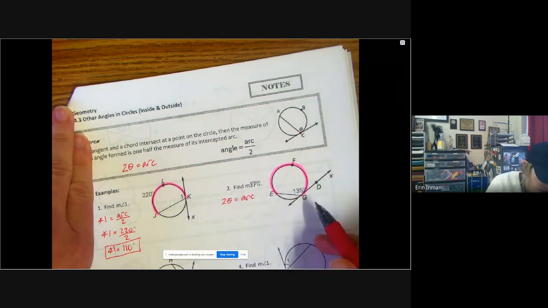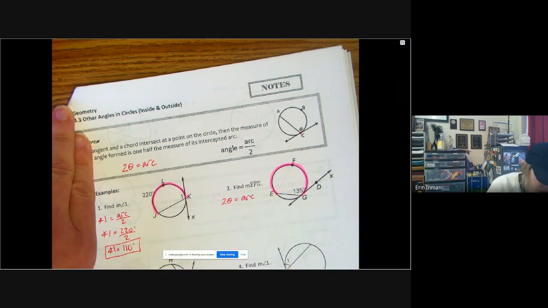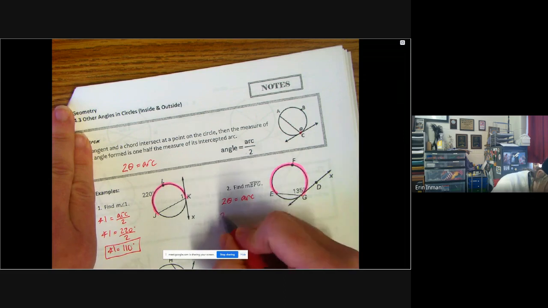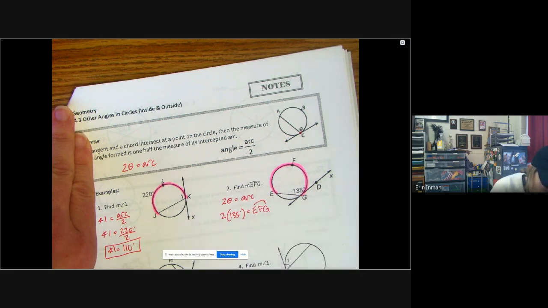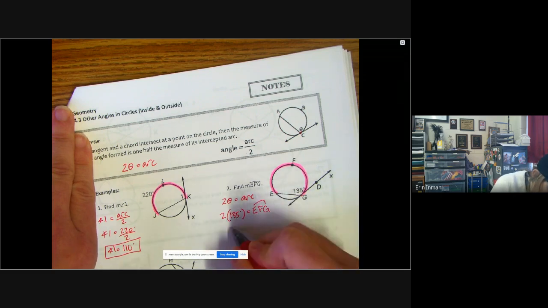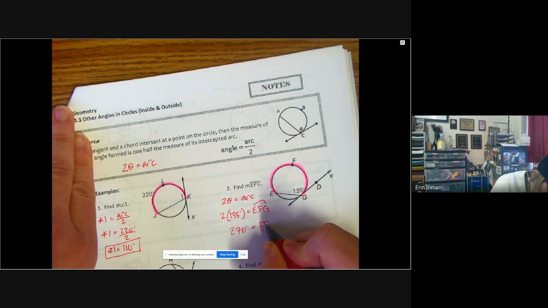Because the angle is half the measure of the arc, I've just basically rewritten this formula. So 2 times my angle, 2 times 135 degrees is going to equal the arc EFG. And when we do that, that's just going to be 270 degrees is the measure of EFG.